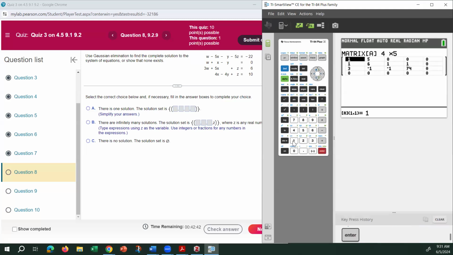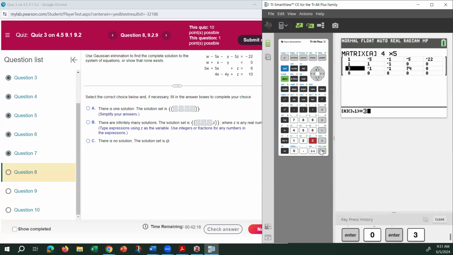We have the W is 1, -5, -1, -5 again, and -22. Second one is 1, 1, -1. We have 0 for Z, and then another 0.